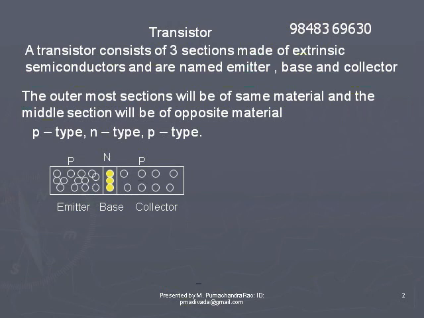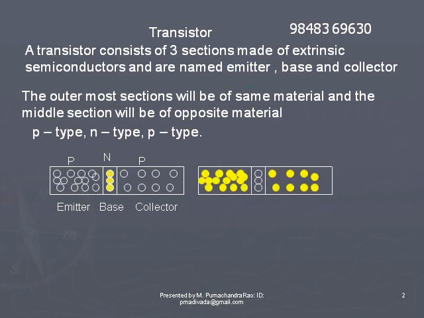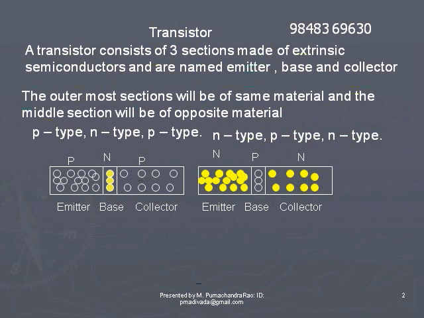Remember that a PNP or NPN transistor can be made of either silicon or germanium. So we will get PNP and NPN transistors of silicon and germanium.